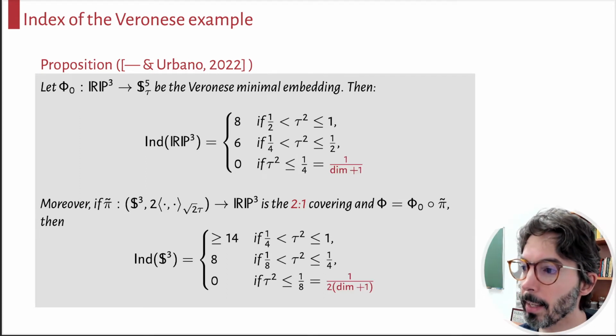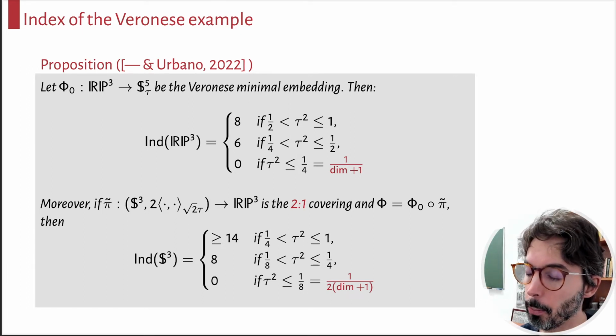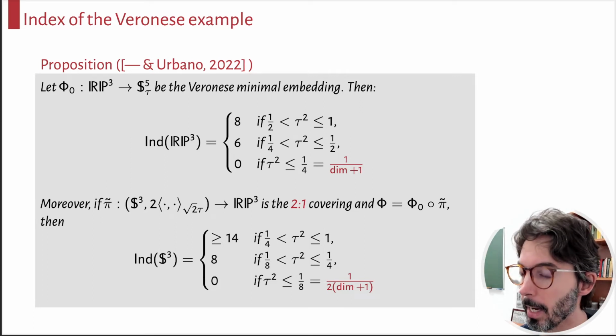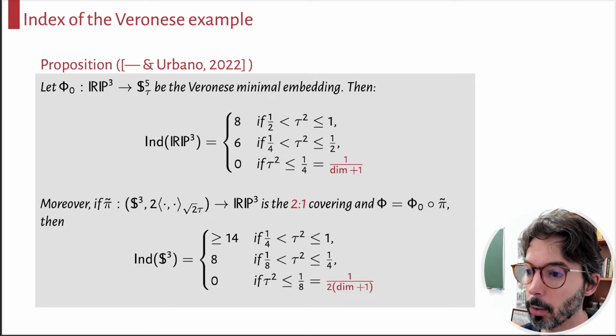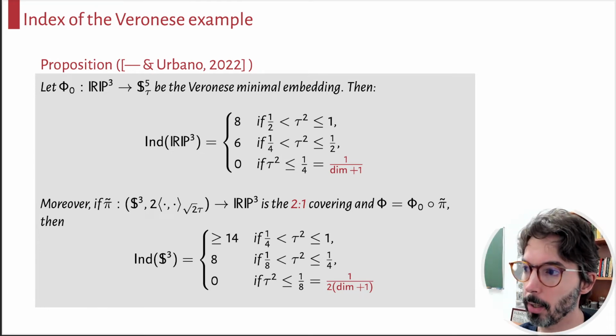I would like to highlight again that the value for which the Veronese embedding of RP3 is stable is for tau squared less than or equal to 1 over (dimension plus 1). And in the case of the order 2 covering it is 1 over 2 times (dimension plus 1). So in both examples, this value, 1 over (the order of the covering times (dimension plus 1)), plays an important role.